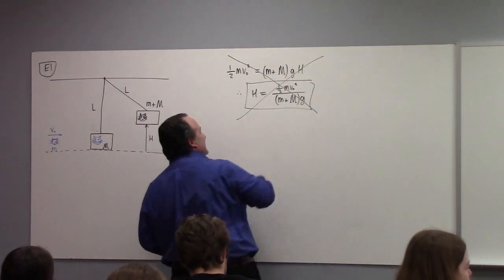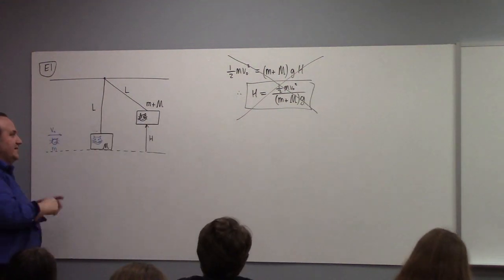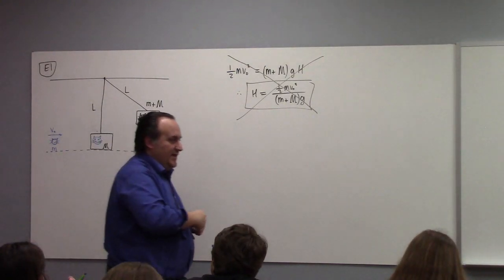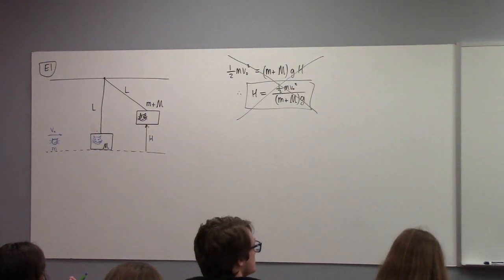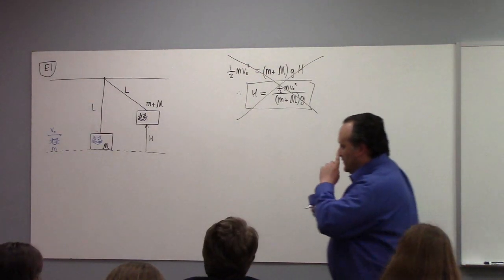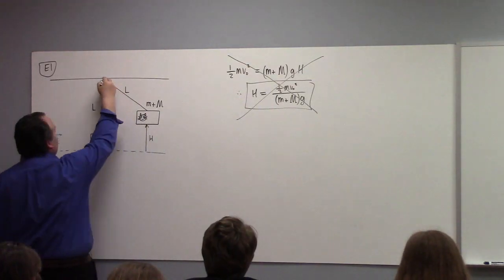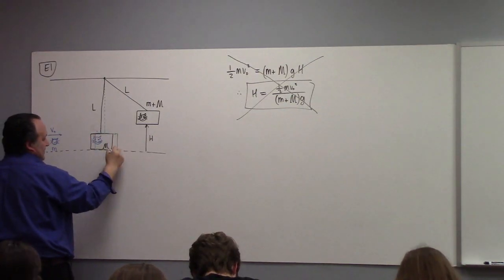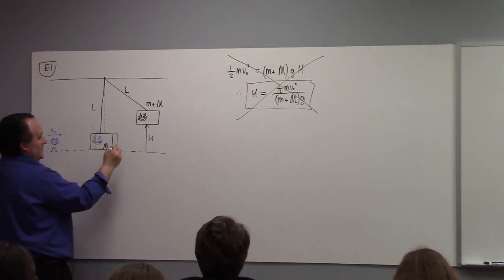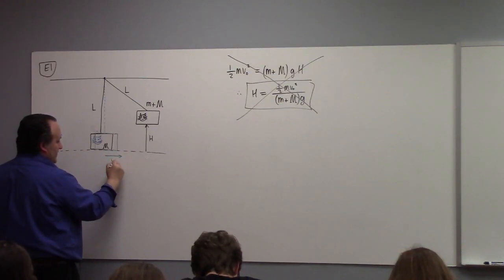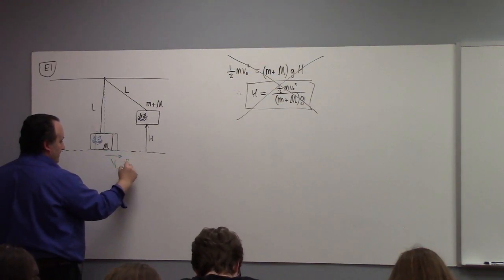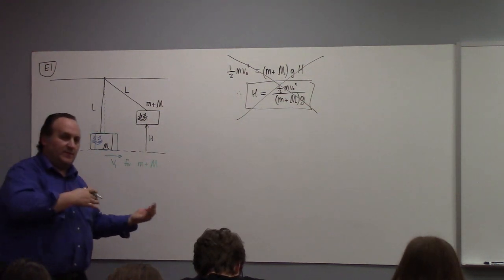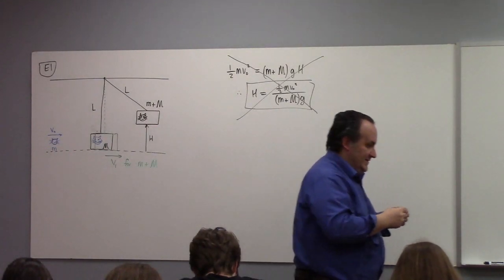So this is not right, because I'm ignoring the fact that in a collision, momentum has to be conserved, right? So we have to think about another step in this story, which is the moment right after the cat gets embedded here, right? Just right after the collision, there's an initial speed v1 for m plus M. I have to conserve momentum before and after the bullet hits.